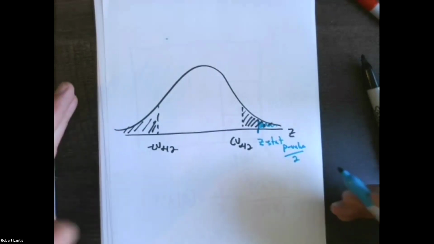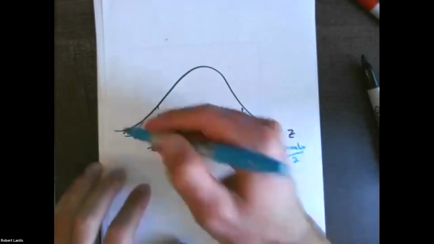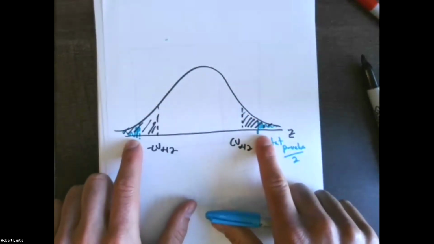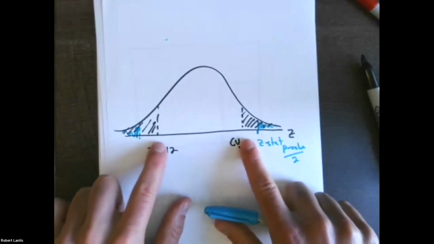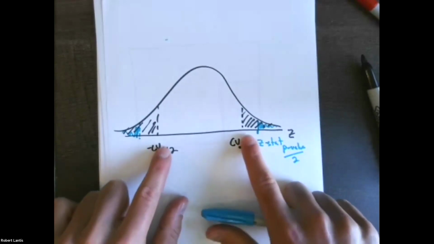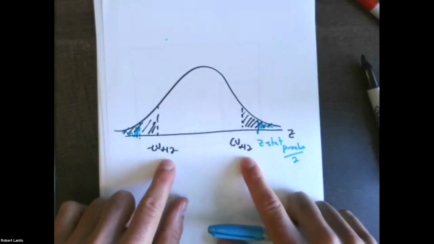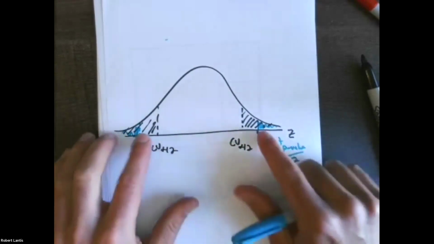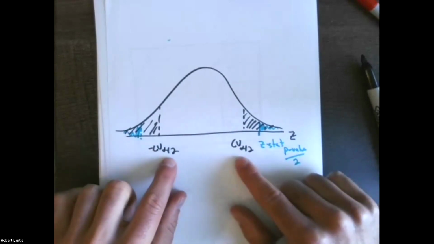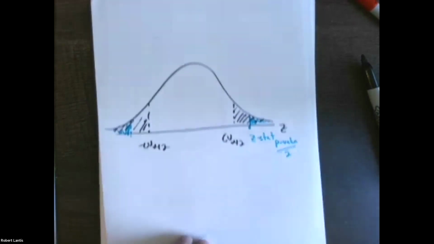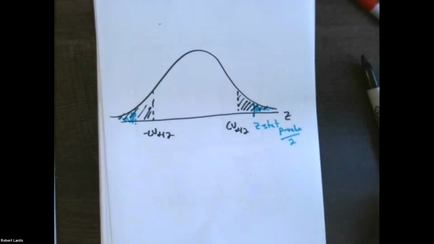Same kind of idea. If I find a test statistic on either side that's higher in magnitude than my critical value, then the area to the right and left of that would be smaller than my alpha. So it doesn't matter which approach I use, I should end up with the exact same decisions. Okay.